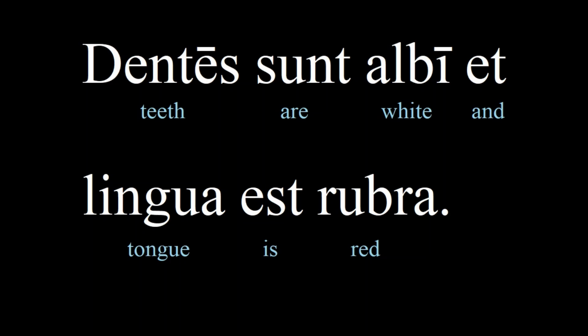Remember, est is like an equal sign, so the two nouns on each side must match. Can you think of how to say red wine? Vinum rubrum. This is the neuter form. I think this form is easier to remember if you have read or watched The Shining, because it looks like red rum, or murder spelled backward.